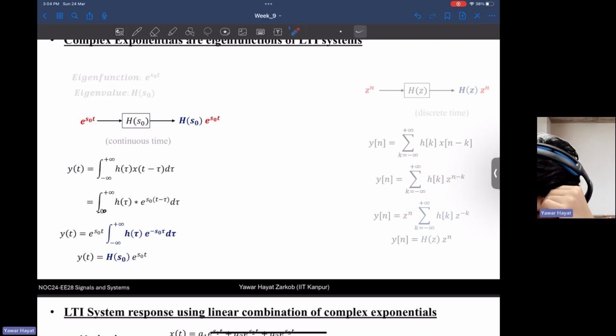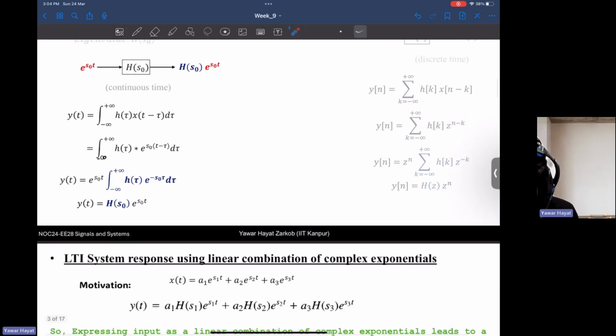Then I'm left with the summation over k from minus infinity to plus infinity of h of k z to the power minus k, and this is by definition the z transform of h of k. That is a transform we'll see in the later lectures. It is defined for discrete time signals, and we'll probably see that in week 12. Okay, hold on to that for a moment.